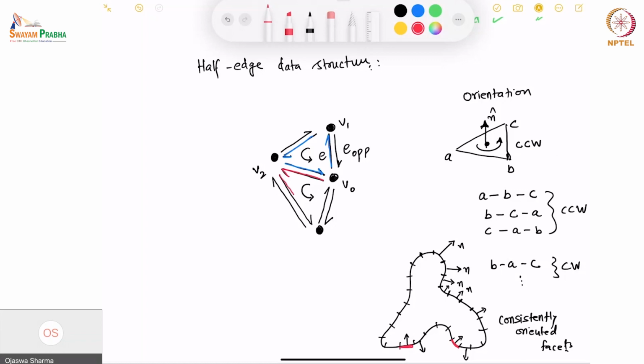And if I take the cycle of this face, these are also arranged in a cyclic fashion. And then you will notice that I can keep on going, and it's always a cyclic order. That becomes a very handy thing when I'm representing these meshes.